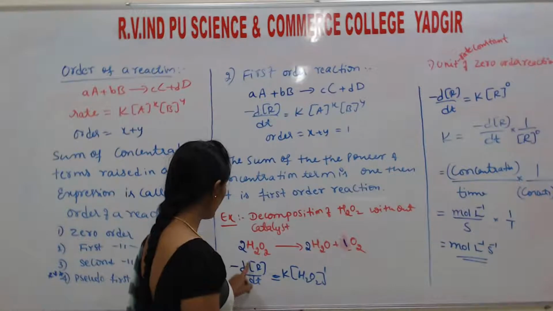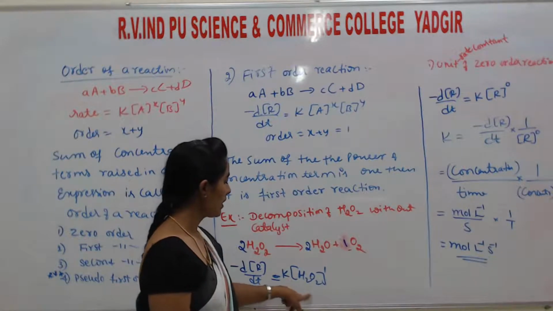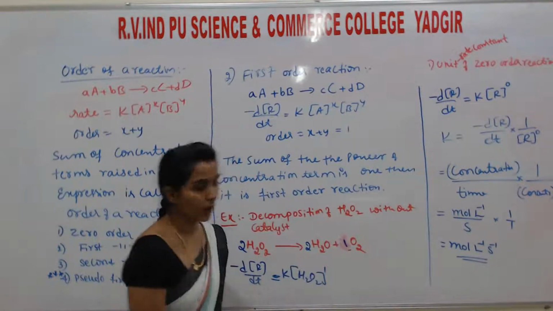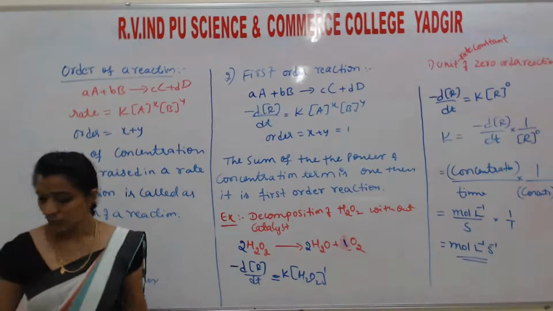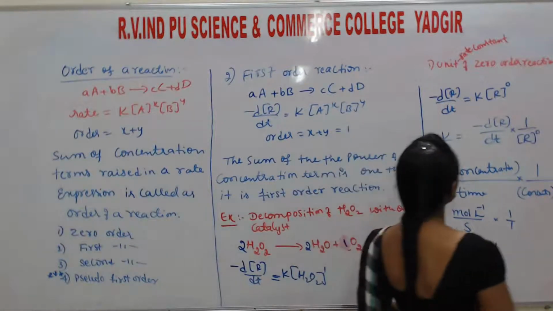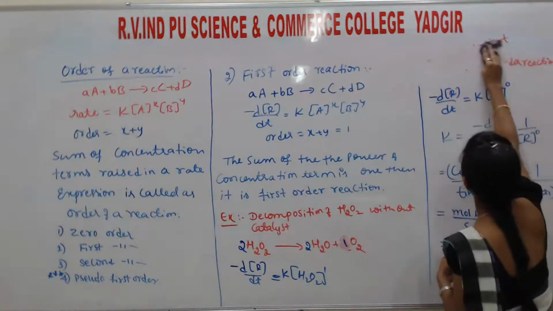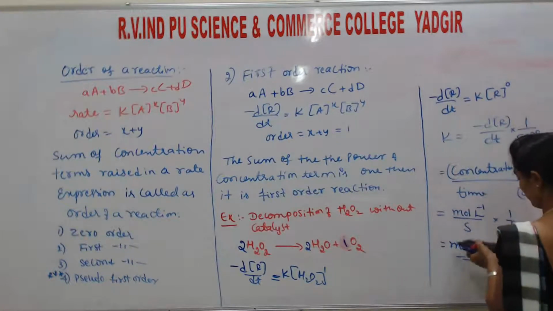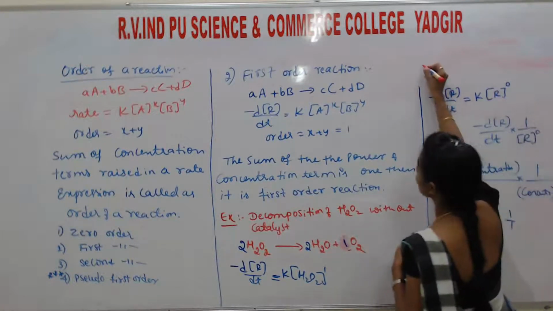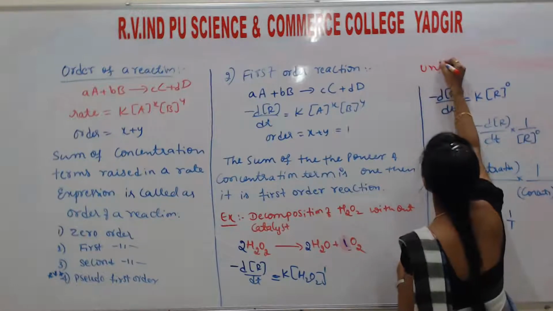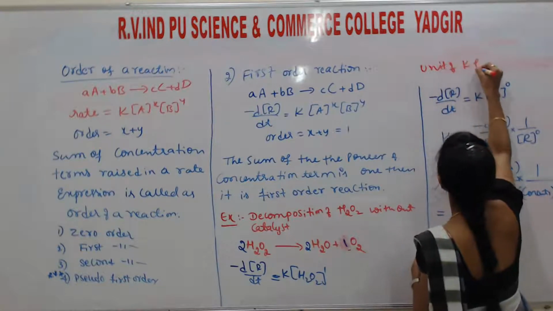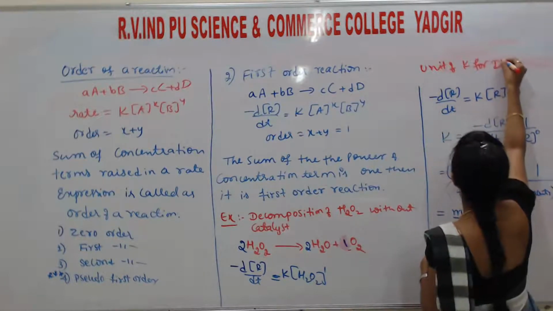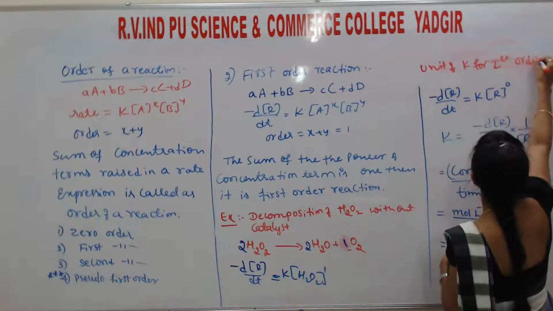So this is minus dR by dt is equal to K H2O2 to the power 1. So now we come to the unit of K for first order reaction.